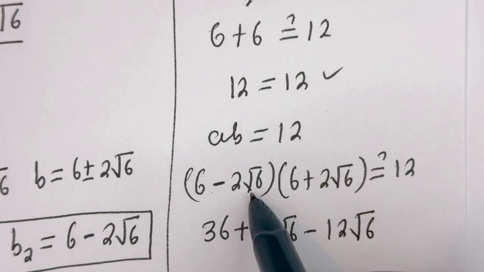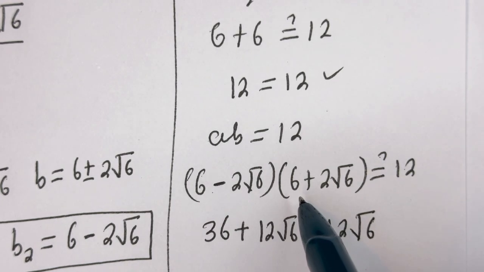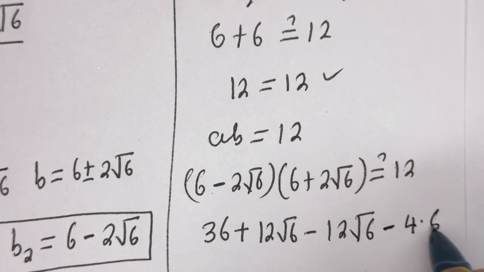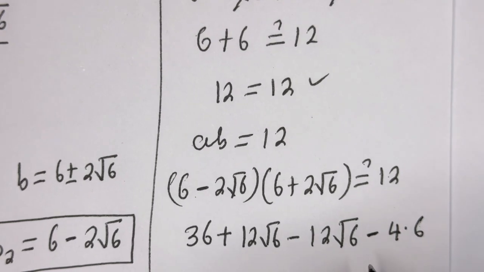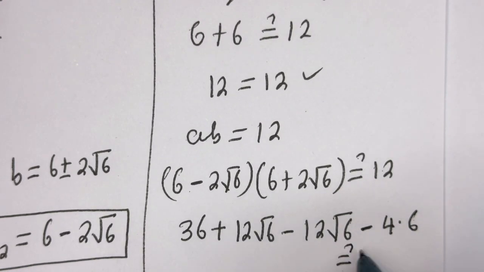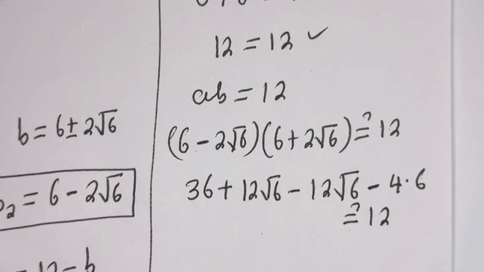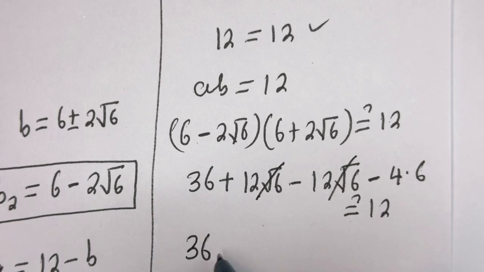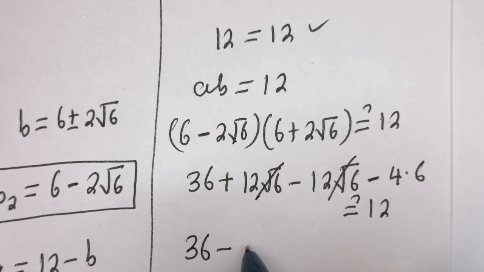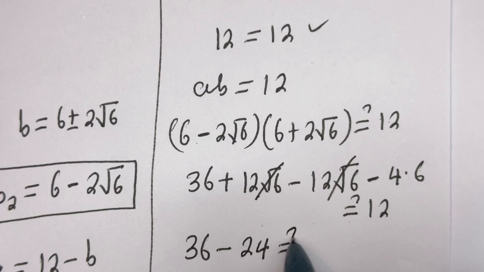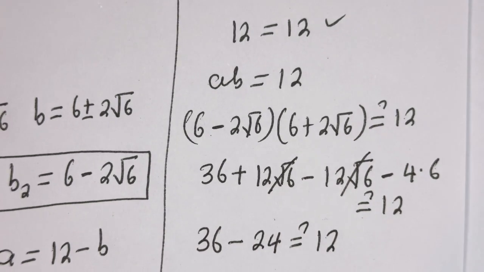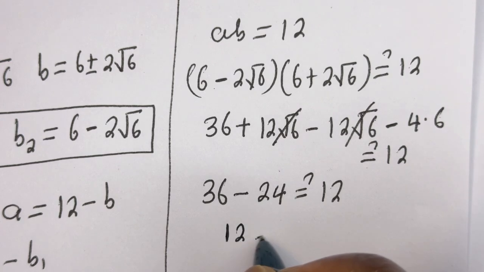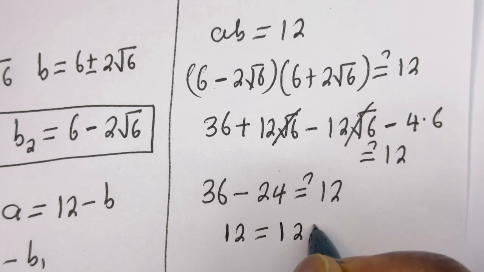Then minus 2 root 6 multiplied by plus 2 root 6 will be minus 4 multiplied by 6. Here we have 36. This will cancel this. Minus 4 times 6, that is 24, must be equal to 12. Let's see now. 36 minus 24 is 12, is equal to 12, which is true.